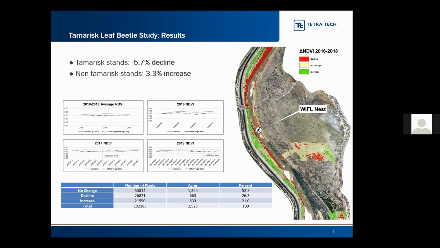And when we did an overlay onto wiffle nest sites, we found that some wiffle nest sites were impacted through this decline in NDVI values. And our assumption there was those nest sites were negatively impacted.